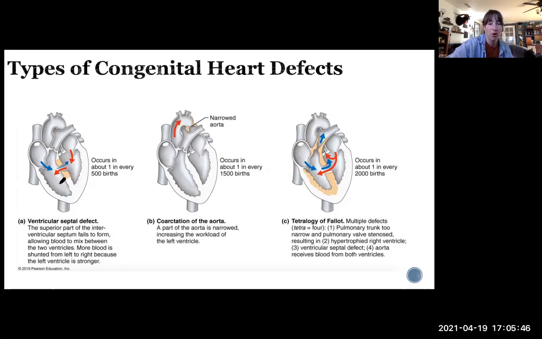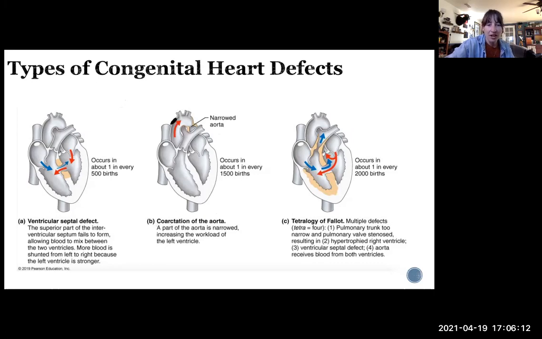So you actually end up with more oxygenated blood going to the lungs, which sucks because you need to have a low oxygen concentration of the blood entering the lungs in order for gas exchange to occur effectively. So yeah, you're gonna feel like you're breathing through a straw. You're gonna feel like you can't breathe, or you're just very tired. You're not getting enough oxygen, right?